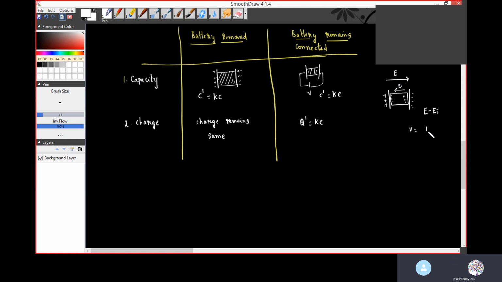The potential is E minus E_I into D. The distance is constant, but the electric field got decreased.